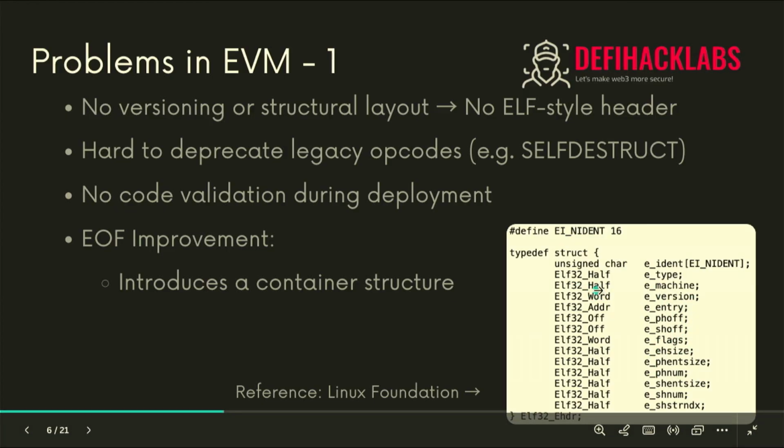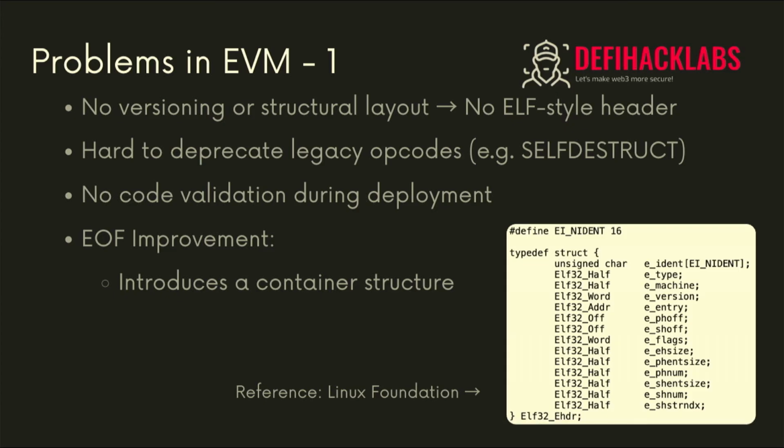But in legacy EVM, there is no similar feature, and this makes it hard to deprecate some legacy opcodes. For example, in the past, the Ethereum Foundation and the community really wanted to deprecate the self-destruct operation because it is very dangerous, but because there is no versioning, it is really hard to do this.